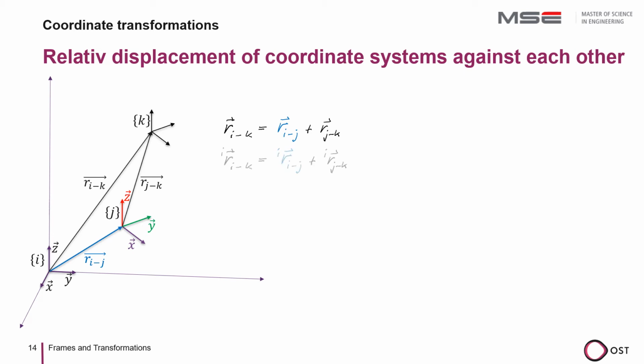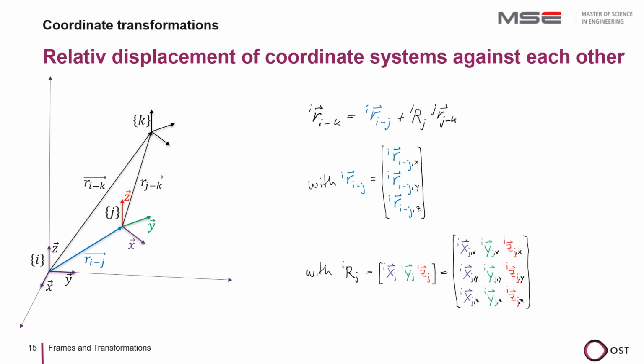For the component notation, we now have to decide on a coordinate system and therefore describe this vector equation in the coordinate system I. However, we do not have the vector Rjk in the I system, but only in the J system, so we pre-multiply it with the rotation matrix Ij.